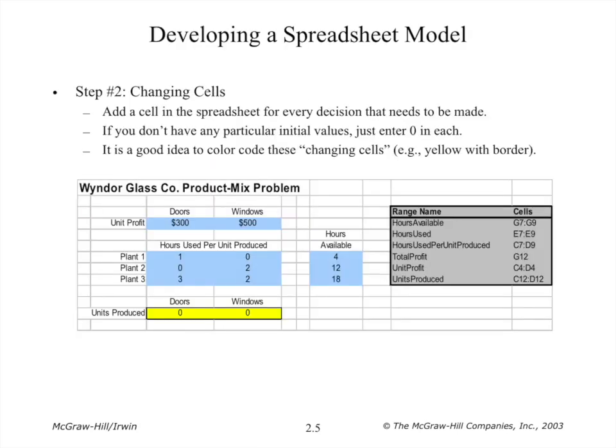For studying optimization, we have this data: the unit profit for the door is $300, and the unit profit for windows is $500. To produce the door, we need 1 hour in plant 1.